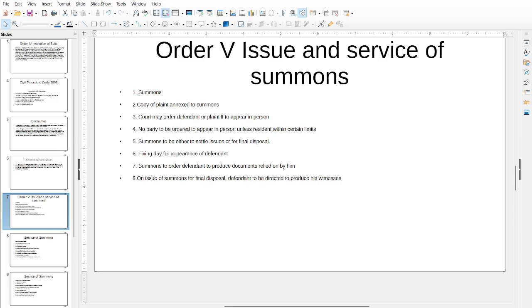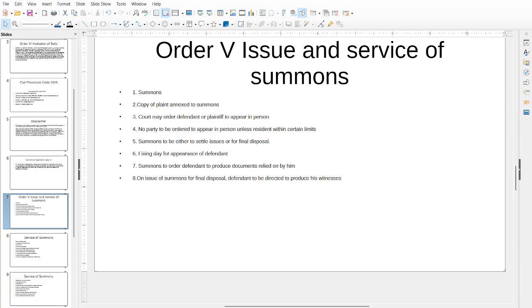Coming to Order 5 Rule 5, summons to be either to settle issues or for final disposal. In this case, the court shall determine whether it is issuing the summons for the defendant to settle the issues only, or to dispose of the suit, the final disposal of the suit.